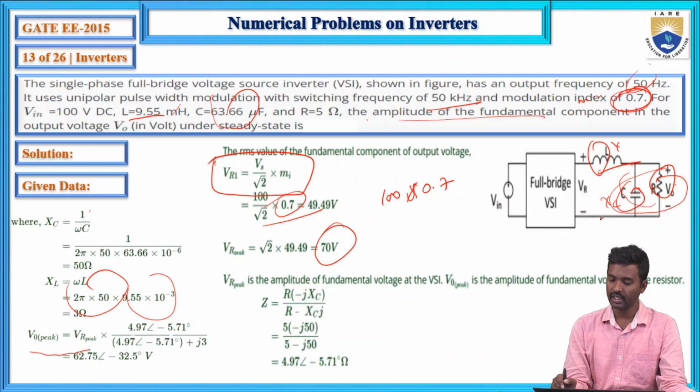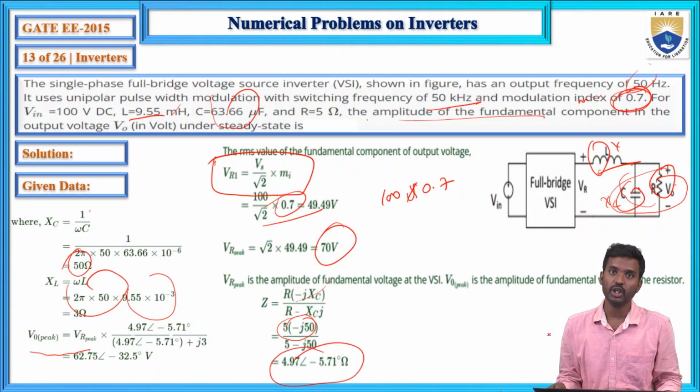Now Z equals R into minus jXC, over 5 plus this. If you simplify, 5 is the R value and XC value is minus j, XC by 5 plus. These two are connected in parallel, so this is your impedance. From this impedance, you can calculate the peak value of voltage.